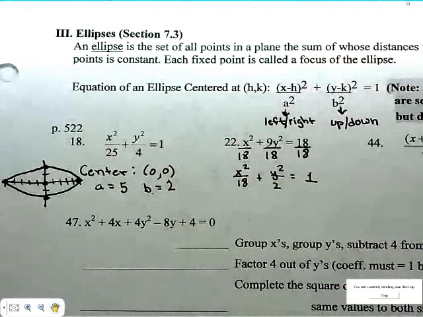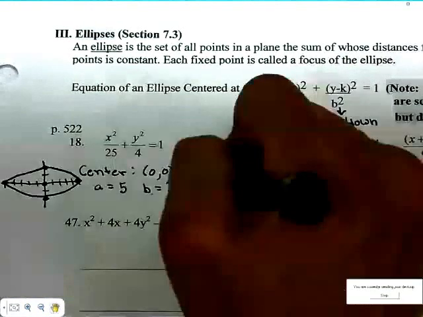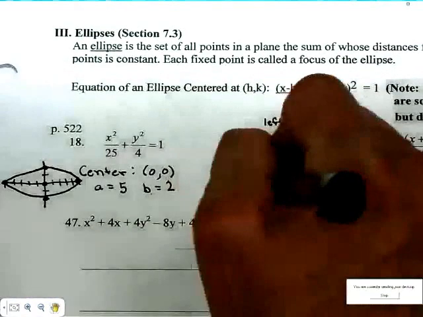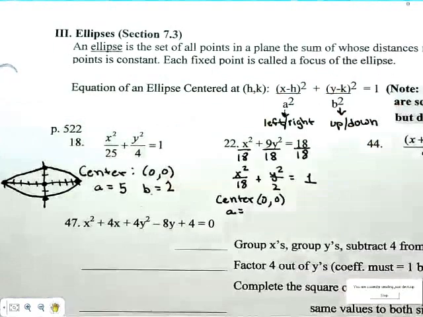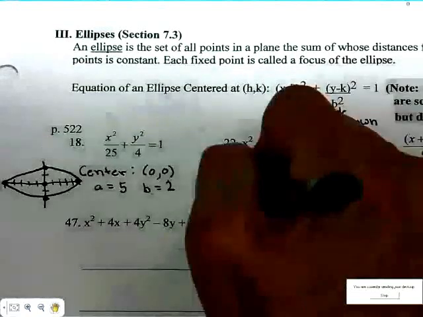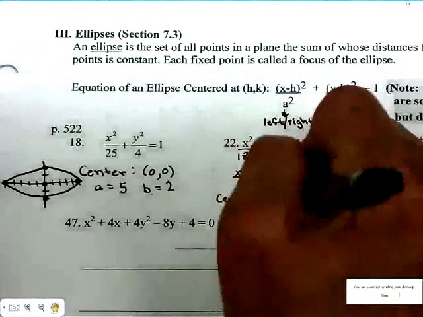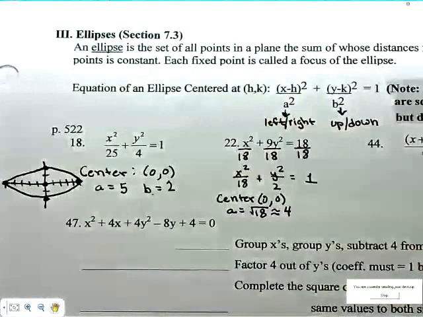And now I can see that the center of that ellipse is what? 0, 0, because you don't have those guys in parentheses. It hasn't been shifted horizontally or vertically. The center is 0, 0. What is A? Square root of 18, which is 4 point something, about 4 1/4, darn close to 4.25.